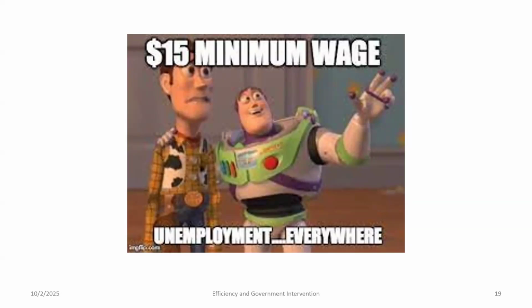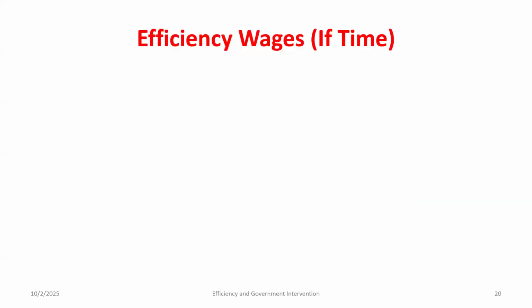So we'll talk a little bit more about this at the end of class. If we have time, we'll take a look at what we call efficiency wages, and we'll start to think about how this labor market and the price floor connect to that next Canvas discussion. I'll save that till the end of class. I went through this a little bit quicker because we'll revisit it.